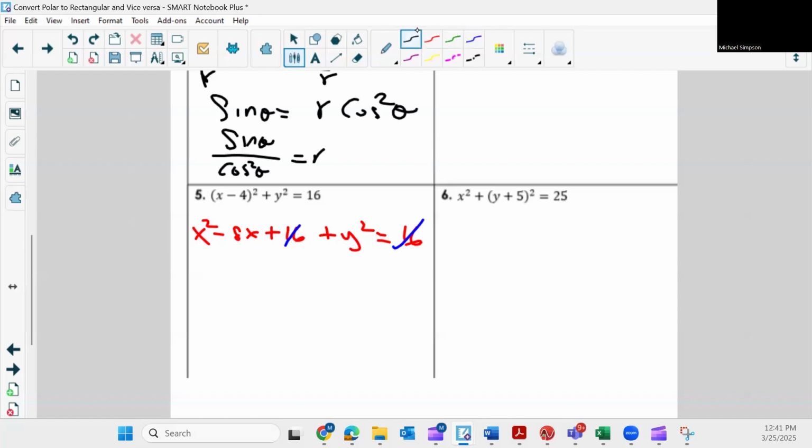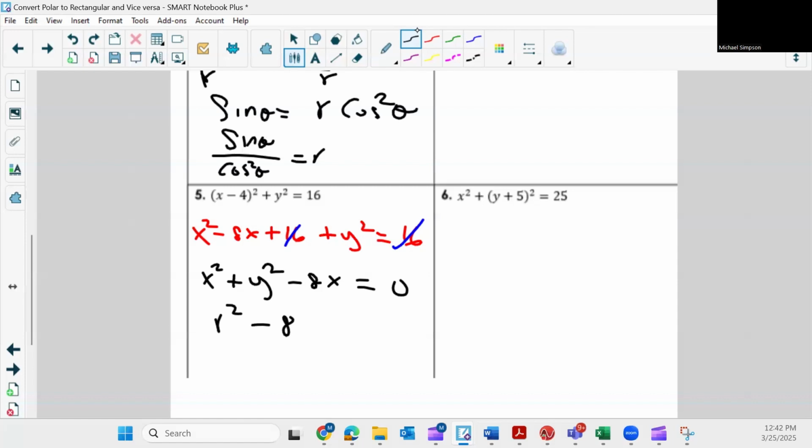And so now what we have is x squared. Now I'm going to put the x squared next to the y squared. x squared plus y squared minus 8x is equal to 0. Good. What is x squared plus y squared equal to? r squared minus 8 times what is x equal to?